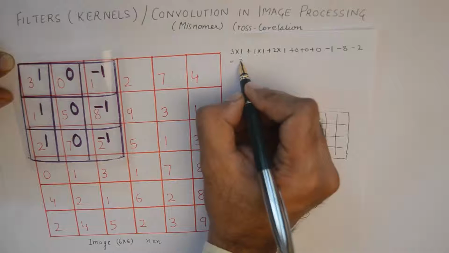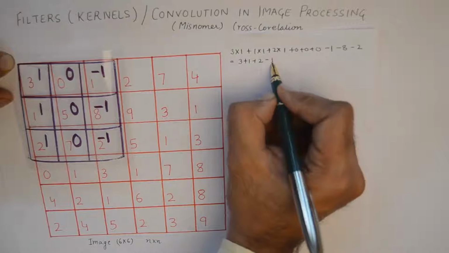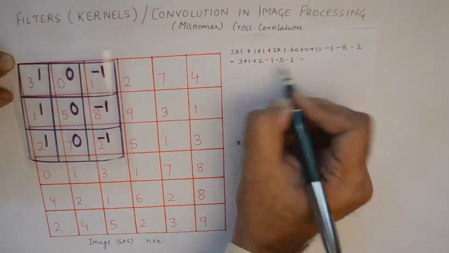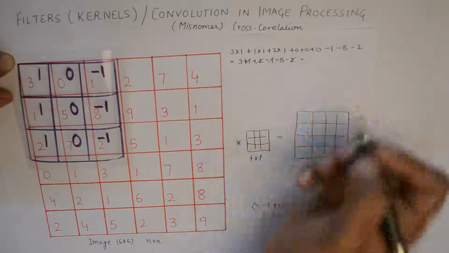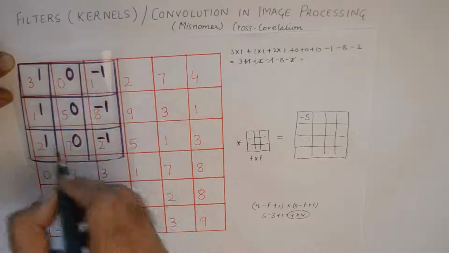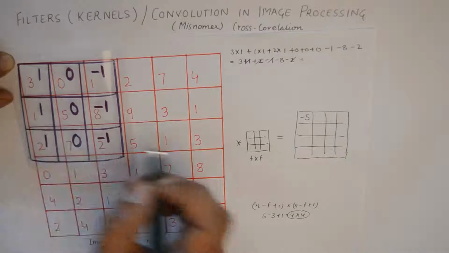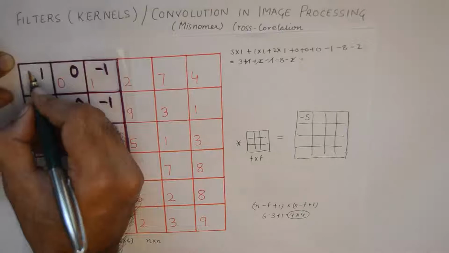So this will give me 3 plus 1 plus 2, minus 1, minus 8, minus 2. This will give me a minus 5 value here, and whatever you get after adding the products of these pixels, we'll put it in this box on the top.